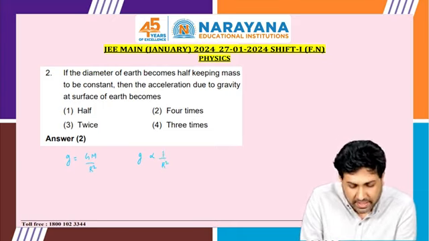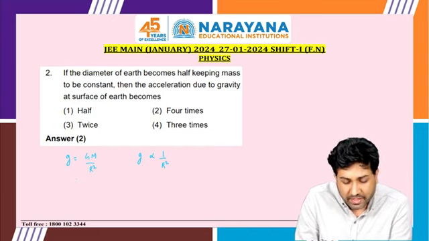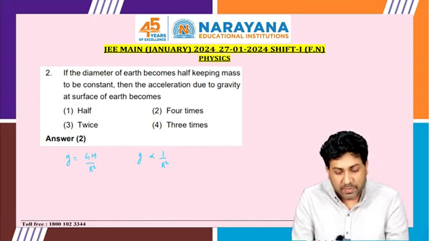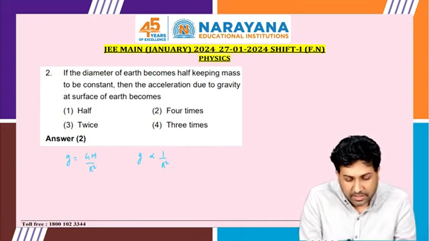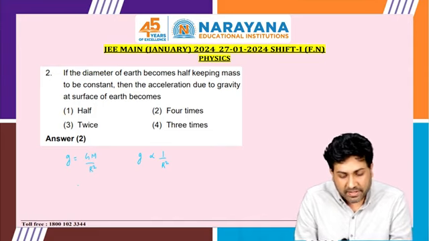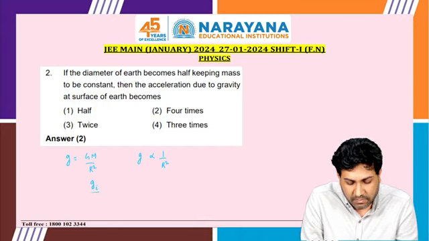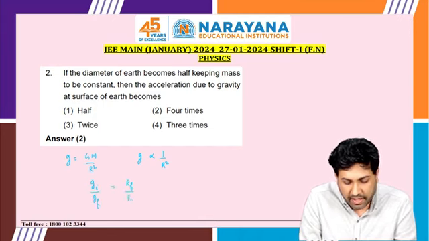Because the mass is constant, I can say that the acceleration due to gravity depends only on r, and it is an inverse square relation. So I will just write g initial by g final is equal to r final by r initial whole square.